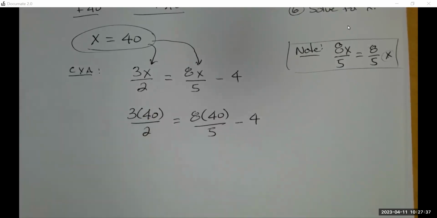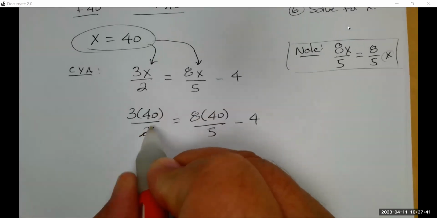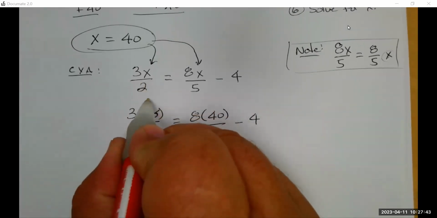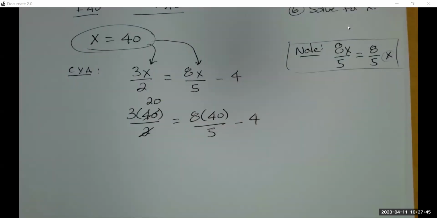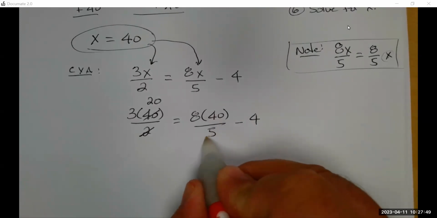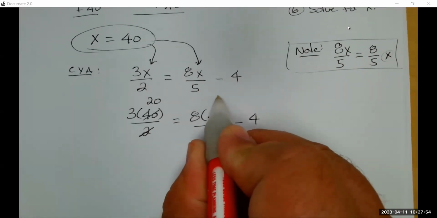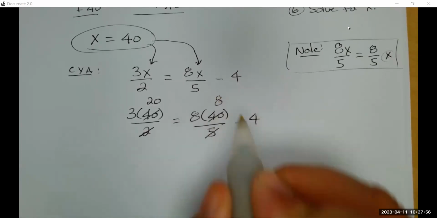Doesn't 2 go into 40? 2 goes into 40 how many times? 20. 5 goes into 40 how many times? 5 times what is 40? 8.